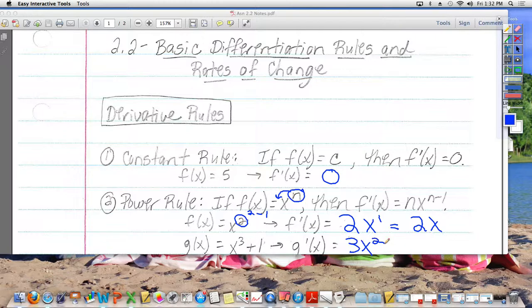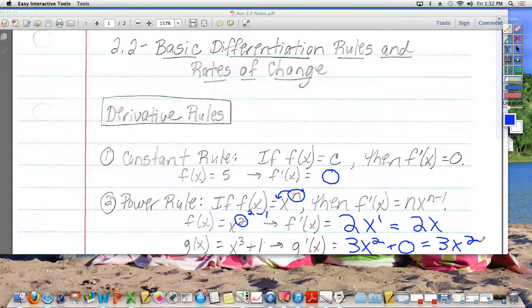What about the plus 1, though? Well, what is the derivative of a constant number? 0. So it's actually 3x squared plus 0. Well, that's awkward. All you need to do is write 3x squared.